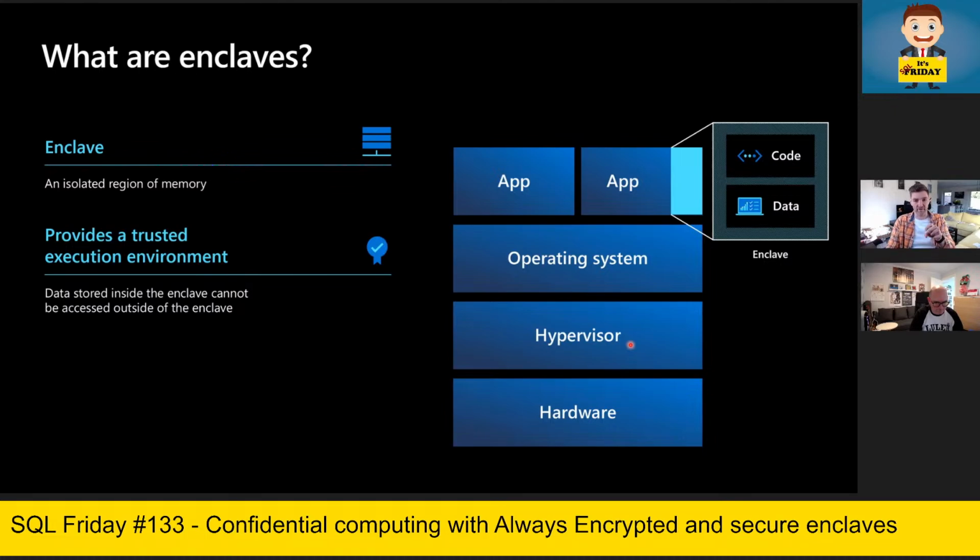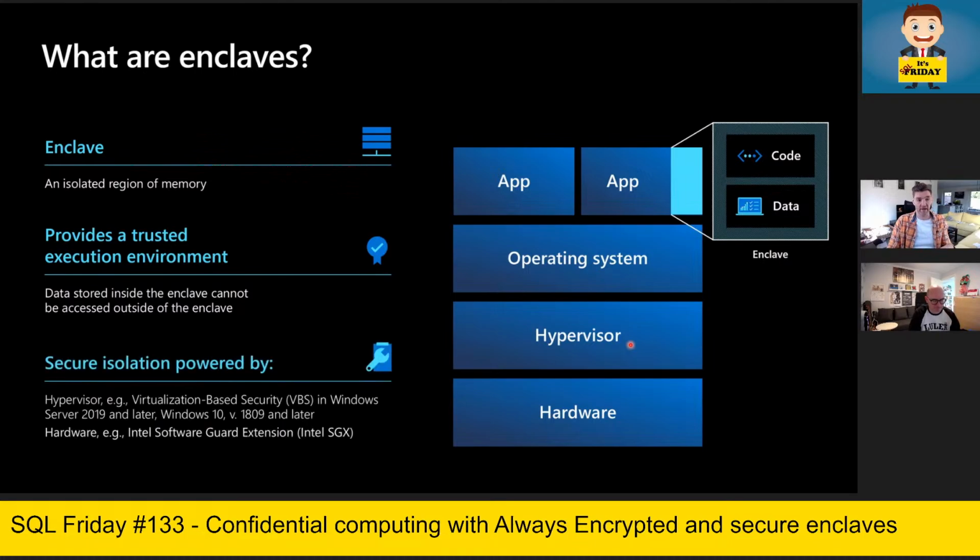Now, how can we guarantee that that enclave is that secure, right? You have two possibilities to have that secure isolation of the enclave. You have a hardware way to do it, which means we're going to configure an Intel CPU, a physical CPU inside the server.